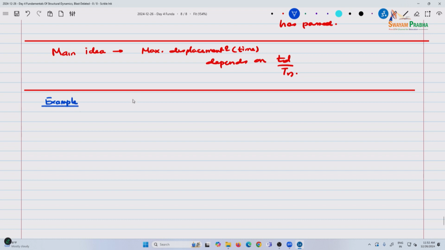So, let us consider a wall, and these are just practical cases.